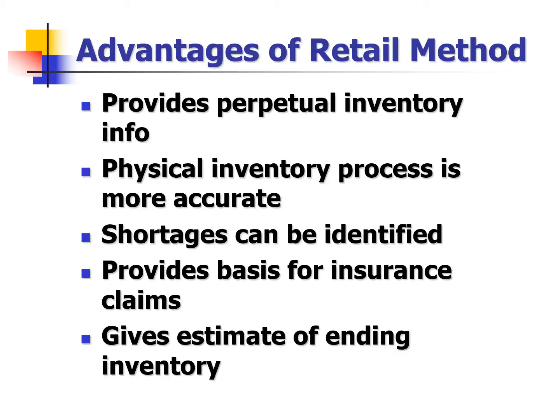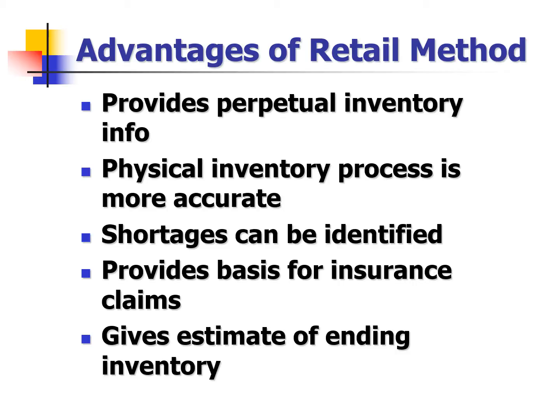Because of the perpetuality of the inventory process, it actually makes the physical inventory process a lot more accurate. Physical inventory means you actually count physically which items are in the store and how many of them are there, to know the exact level of the inventory in your store.